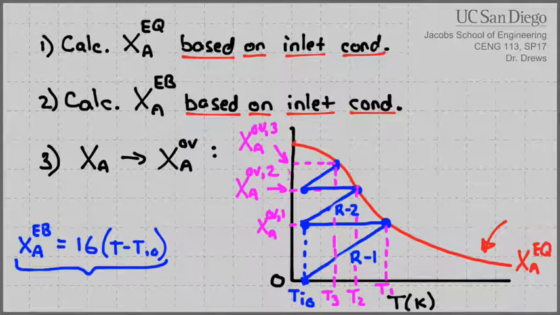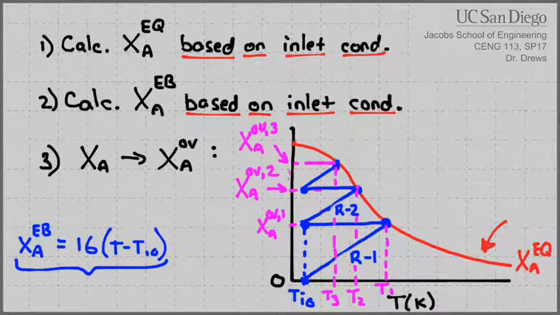Notice, what is the overall conversion peaked at? What is the maximum value that you could get for overall conversion? If I added an infinite number of heat exchangers and reactors, I would end up getting XA of equilibrium based on the inlet condition, right? Unless I changed some of the temperatures along the way.